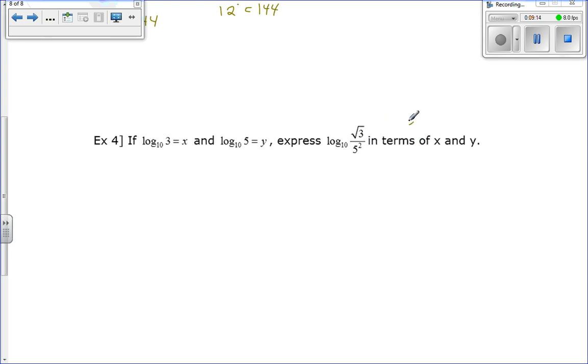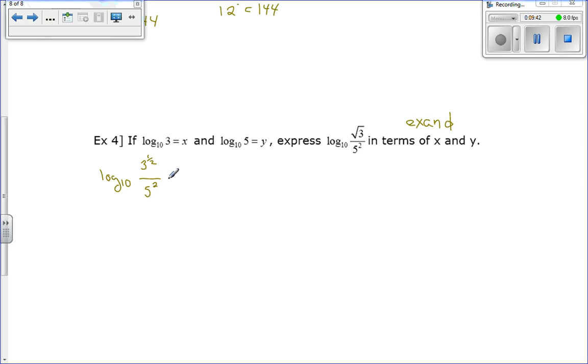This is the type of question where I need to expand. So we have log base 10 of 3, and I'm going to rewrite my square root as a 1/2 power over 5 squared. That way I'm using exponents instead of radicals.